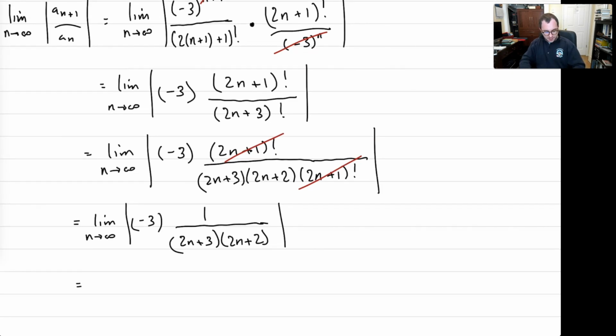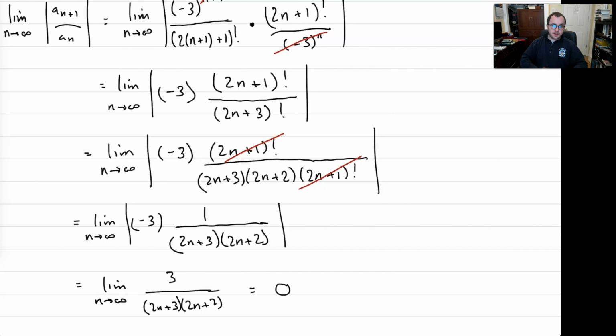And I'll take the absolute value. So this is the limit as n goes to infinity of 3 over (2n+3) times (2n+2). Constant over quadratic, that's 0. 0 is less than 1.